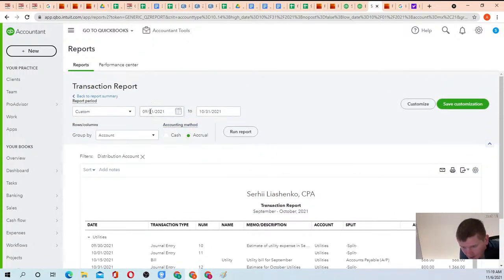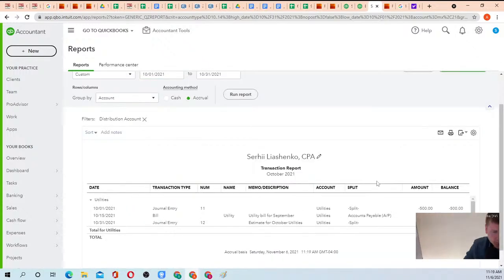Don't we double count? If we run solely October, we will see that the expense for October is 866. And that's higher than our actual for October. And that's because we did some correction related to September, because we got the bill which is higher than what we reflected in September.